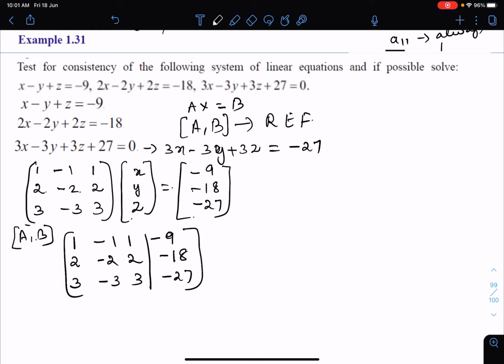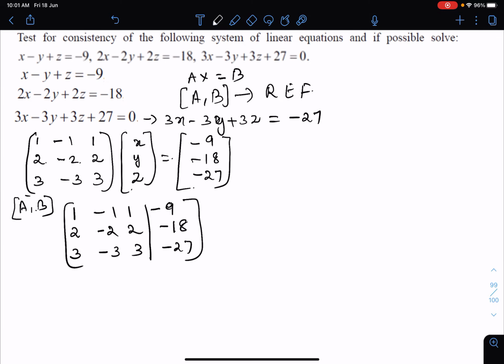Now we can reduce. Below this 1, you are going to make this 2 and this 3 zero, isn't it? So we are going to seek the help of row 1. For that, row 2 minus 2 row 1. Similarly for row 3, it is going to be row 3 minus 3 row 1.